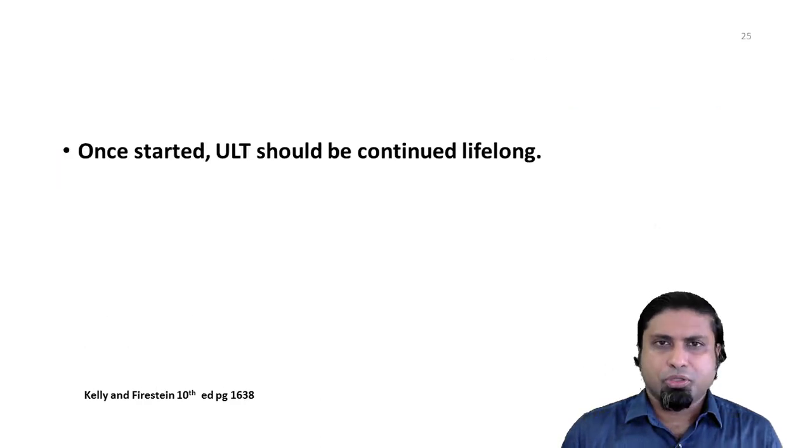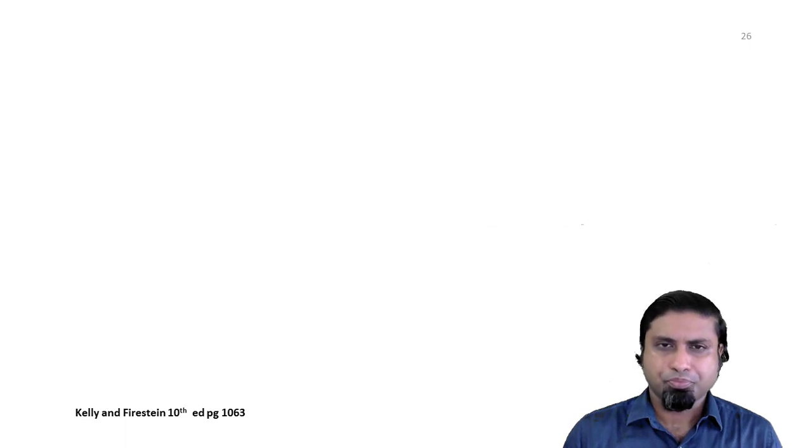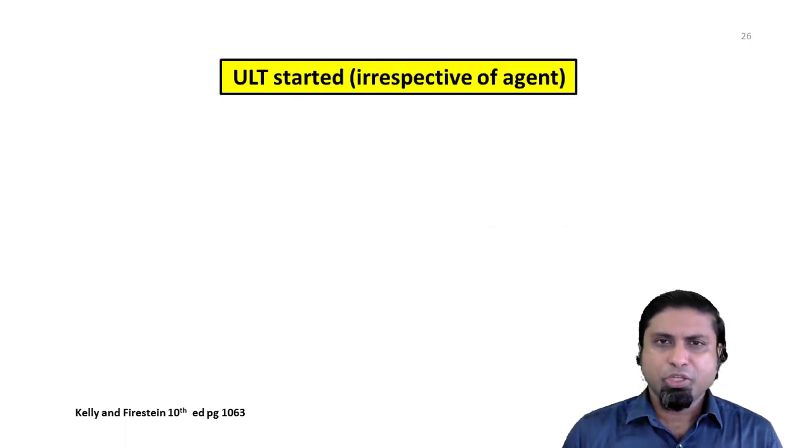Now, urate-lowering therapy, once instituted, is best continued lifelong. But there are certain points to keep in mind when starting urate-lowering therapy. When urate-lowering therapy is started, irrespective of the agent used, the plasma uric acid level will fall.